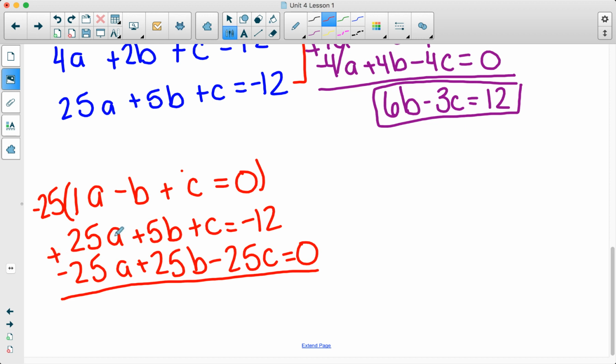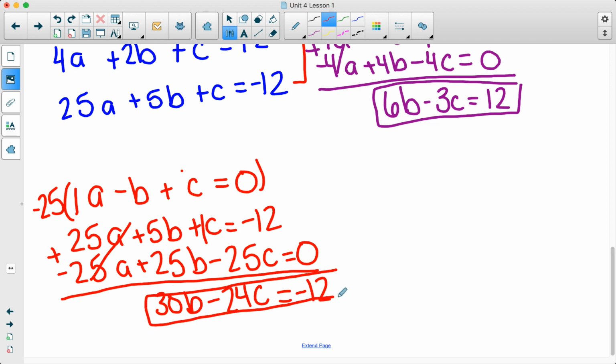When I do that, my a's are going to cancel, which is what I wanted. 5b plus 25b is 30b. This is a 1c. 1c minus 25c is -24c, equal to -12. So here's my second equation.